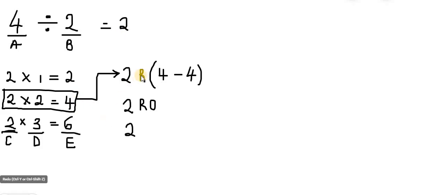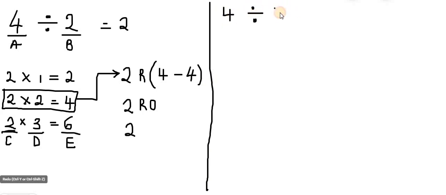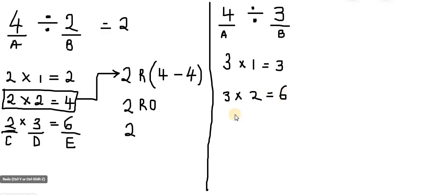Now you can try 4 divided by 3, and I'll show you how it goes. Call that our A, call that our B. For our B number, we create the 3 times table. 3 times 1 is 3, 3 times 2 is 6.